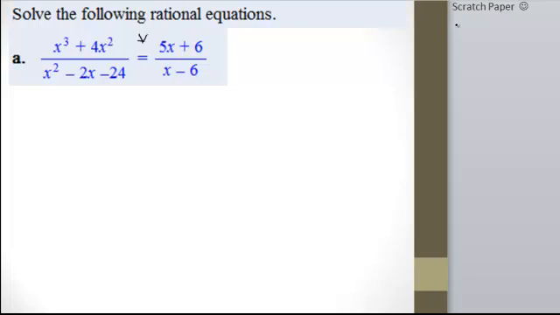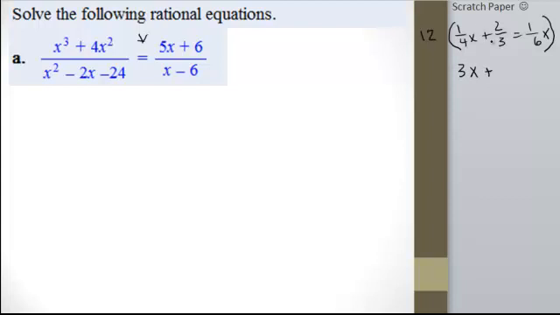For example, do you remember when we had something like 1/4 x plus 2/3 equals 1/6 x? And we would try to solve this equation, so we would take every term and multiply it by the least common denominator. Well, if you multiply 12 times 1/4 x, 4 will go into 12 3 times, so you have 3x.